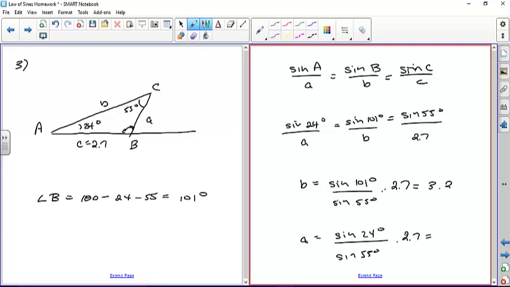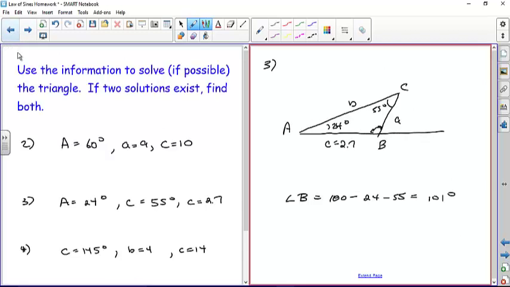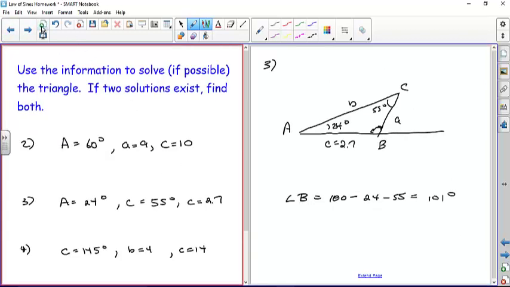So the sine of 24 divided by the sine of 55 times 2.7 gives me the length of side A is 1.3. So I've got 3.2. Okay, so that's correct. Okay, let's move on to number 4.